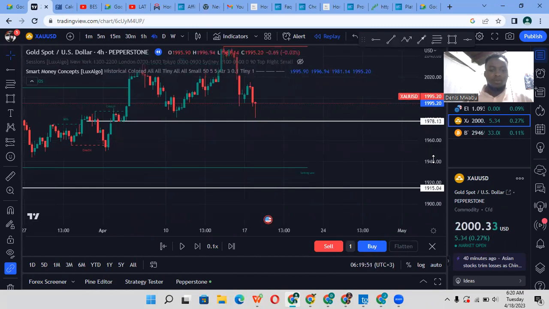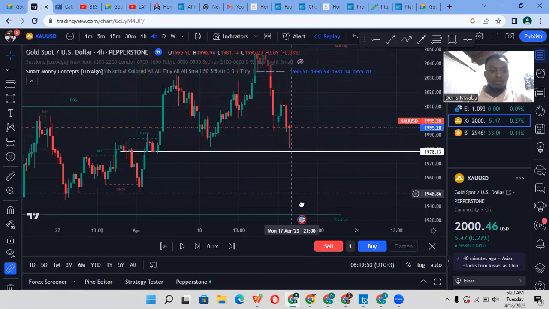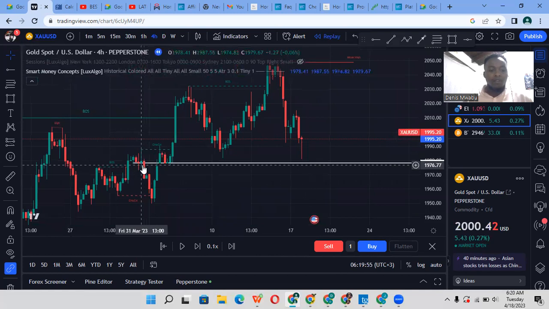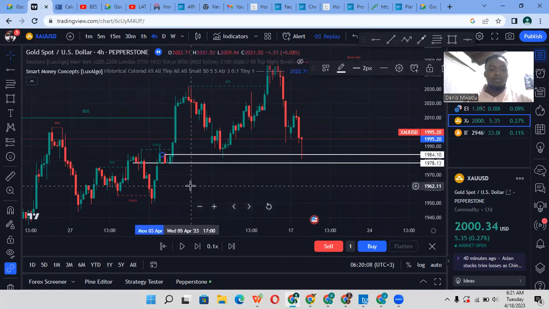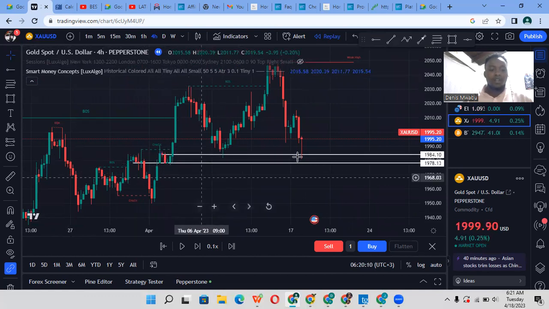On the 1 hour time frame, you'll see now we have a break of structure, and then we have a change of character, which you also want to identify as your major demand level, and you want to draw your line there.